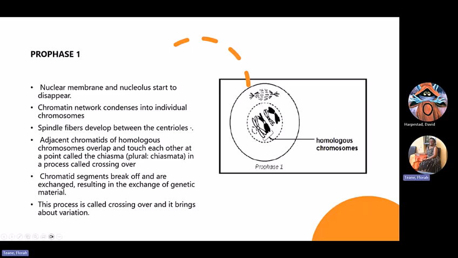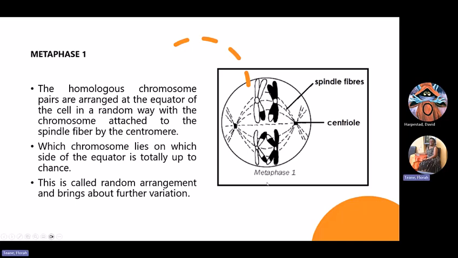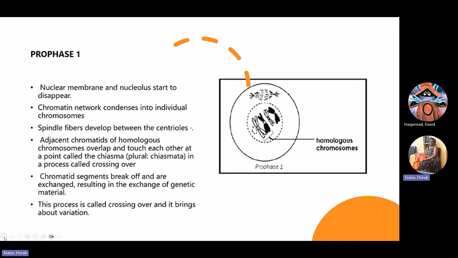In this phase, the chromatin network, which forms part of the nucleus, now changes shape.